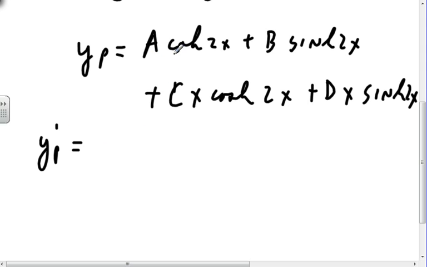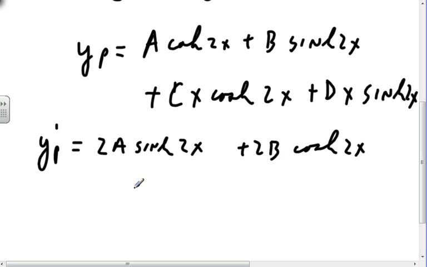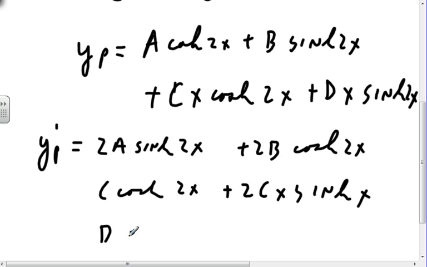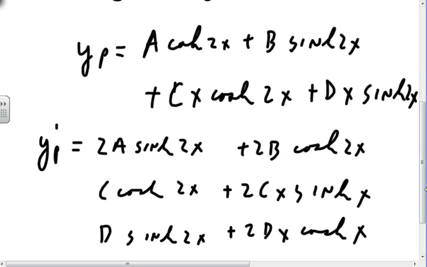Okay, so I've got 2A hyperbolic sine, 2B hyperbolic cosine, C hyperbolic cosine, 2CX hyperbolic sine, D hyperbolic sine, 2DX hyperbolic cosine. Oh, I hope I did that right.